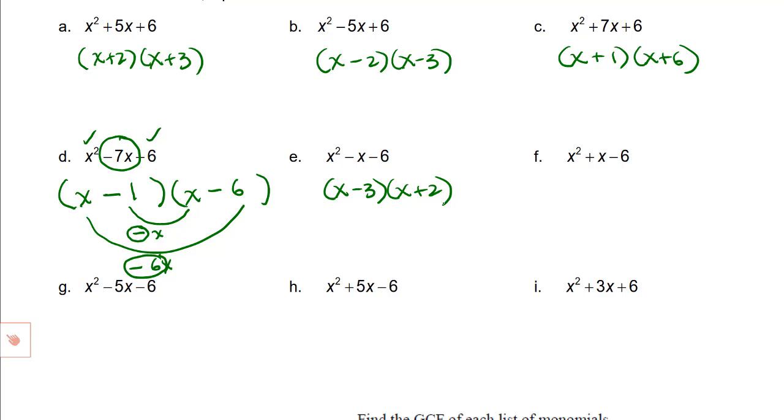Would that bother you? No, because if you're multiplying, you can switch the groups. But if you had x plus 3 and x minus 2, that's wrong. Got it? Okay.